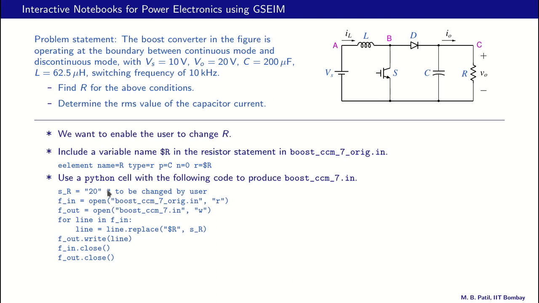So this $R is now going to be replaced with 20, and the new statement will then say E element name equal to R, etc., R equal to 20. So we write that line to the output file, and then of course we close the input file as well as the output file. It's as simple as that.